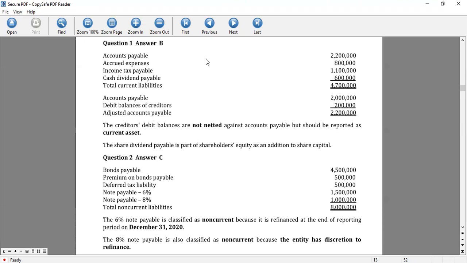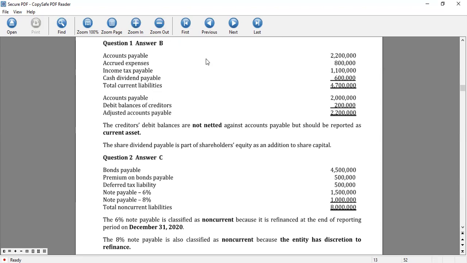First, we have the accounts payable of 2.2 million. That's the gross, because 2 million was after deducting the debit balance of accounts payable. Usually we do not deduct creditors' accounts with debit balances, but we really have to show each one of these at gross.